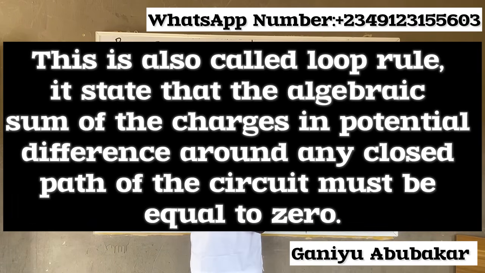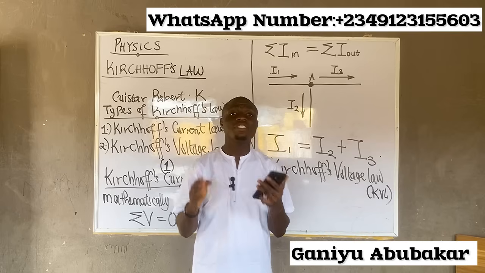It states that the algebraic sum of the changes in potential difference around any closed path of the current must be equal to 0. That's how it states it.